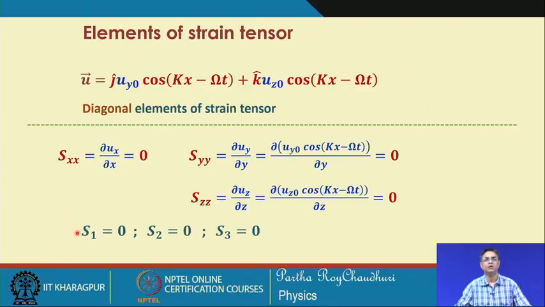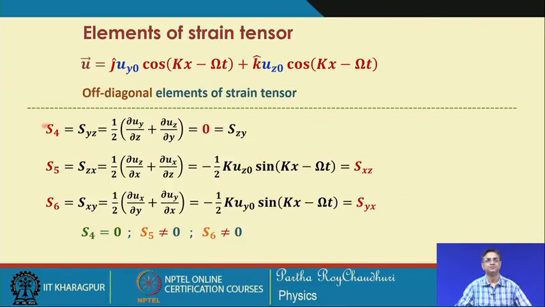So, all the three diagonal elements S 1, S 2 and S 3 of the strain matrix, which correspond to the normal strain, are equal to 0. The tensile strain part is equal to 0, but we will see that the shear strains are non-zero.